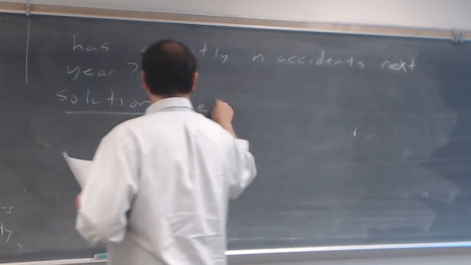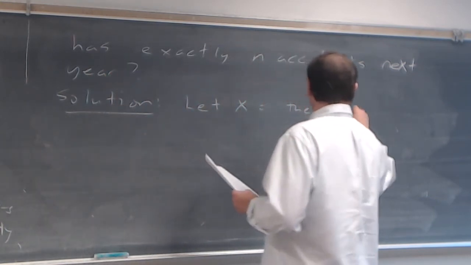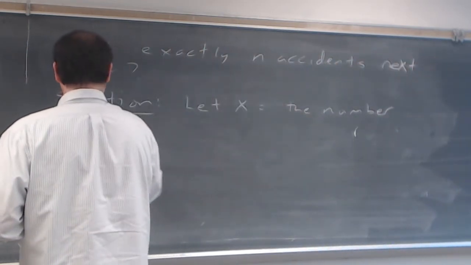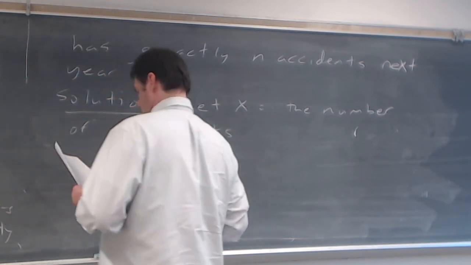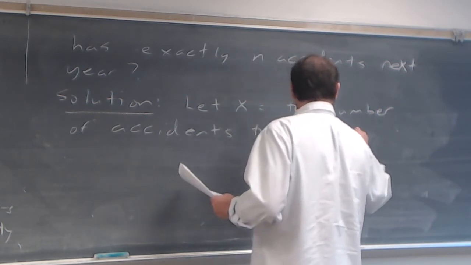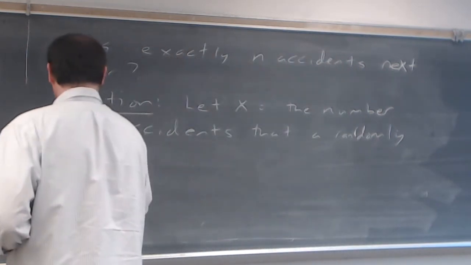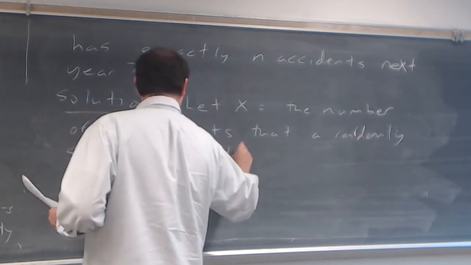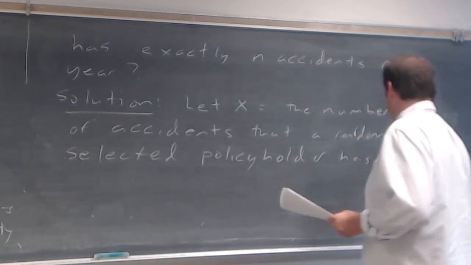Okay, so we're going to let x equal the number of accidents that a randomly selected policyholder has next year.